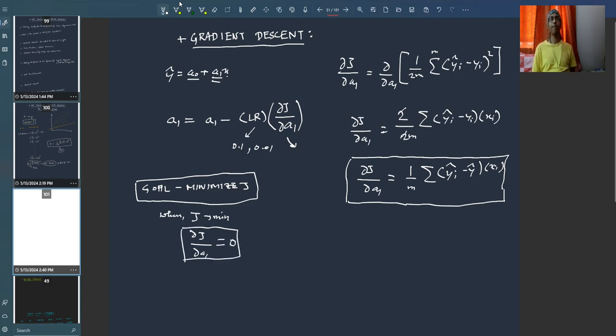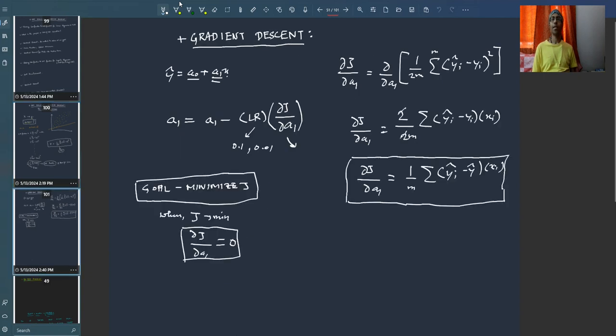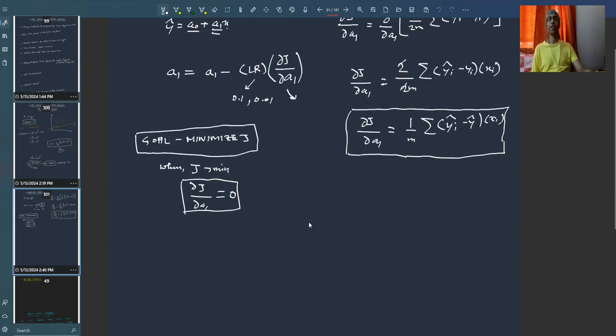Now obviously we have a line which is very inefficient. We can go to the previous page. The line here is obviously not the best fit line, so J is not minimum here. So there is no question of del J by del a1 being 0 here. This is a non-zero number that we are dealing with. As we reach the minimum, this may get closer and closer to 0. That is basically our objective also.